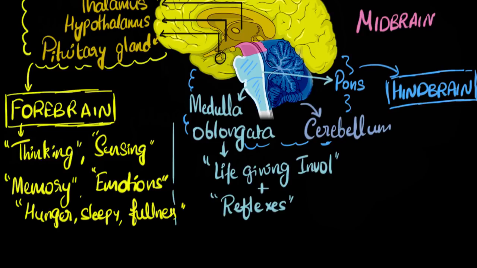Okay, what about the cerebellum? It's getting a little crowded. I hope you can see them apart. So again, I'm gonna put some division over here. Anyways, so what does cerebellum do? Well, cerebellum also has some involuntary function, but it's a little different. One of its functions is to maintain balance.